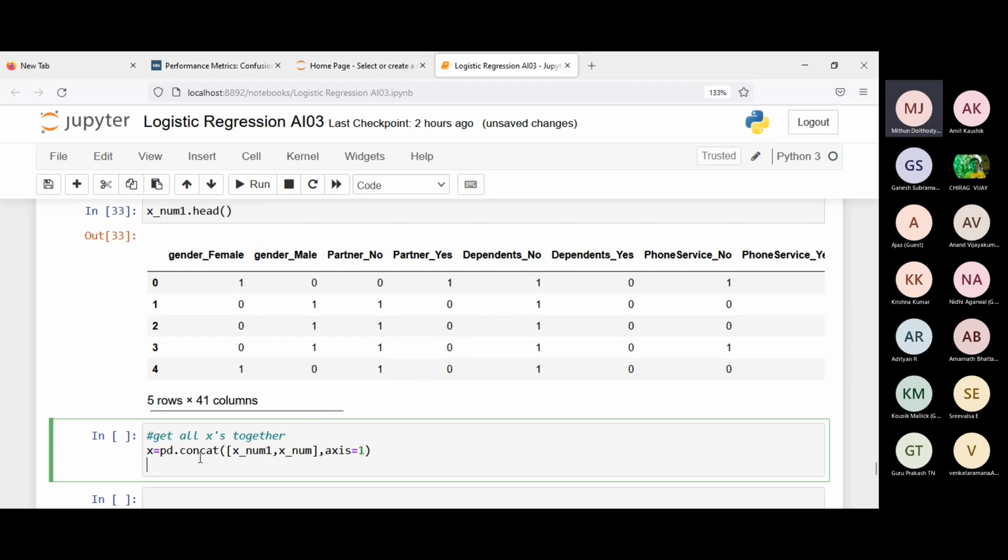Simply use the pd.concat function. Open parentheses as a list. You can pass the objects X_num1, put a comma and then X_num. Then axis equal to 1, which means we concatenate it side by side. We are not appending, we are merging.